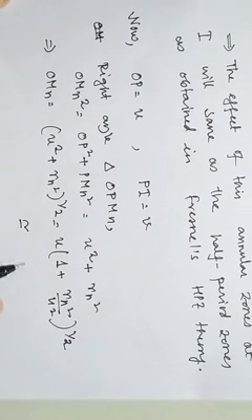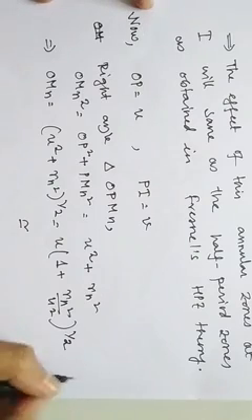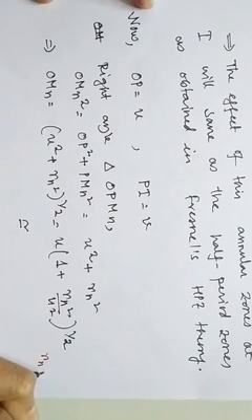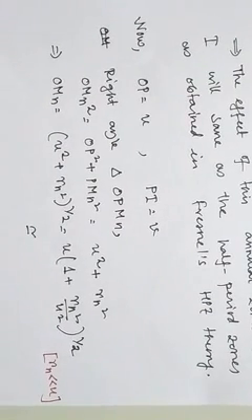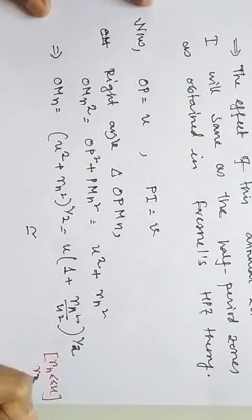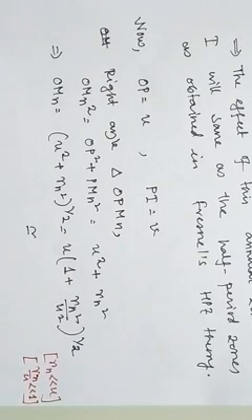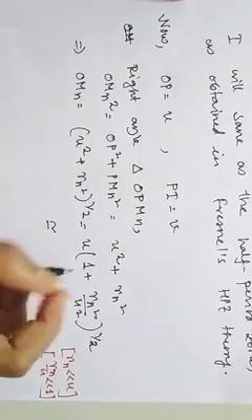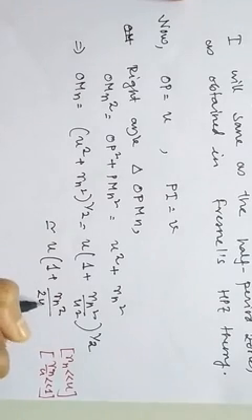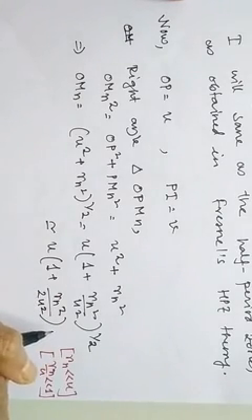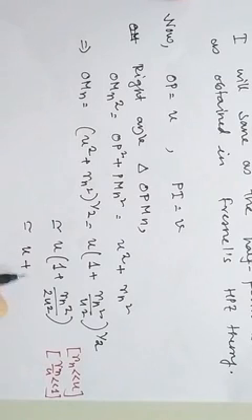Now since Rn is much less than U, that is, Rn by U is much less than 1, we can expand this square root by an infinite series. So it will be approximately equal to 1 plus Rn square by 2U square, which is U plus Rn square by 2U.